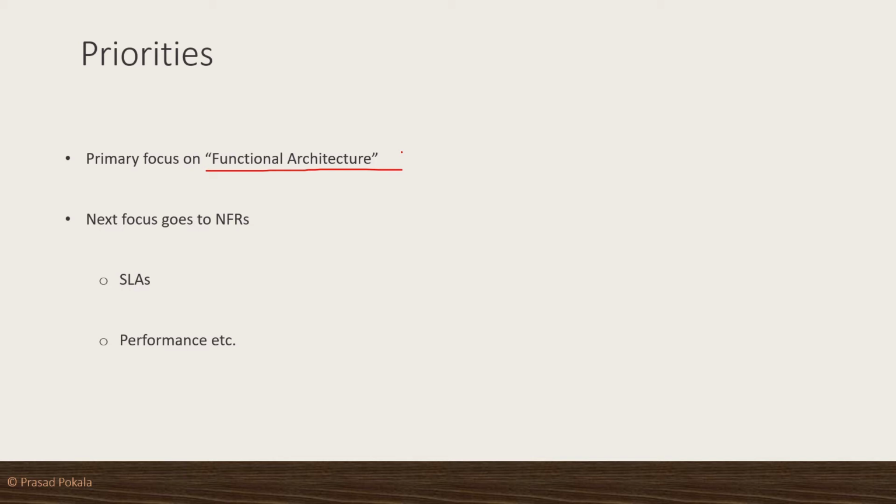What is the better way, how many APIs will be there, and whether the APIs are atomic in nature or not, modularized or not, all these things in a functional aspect. Once that is done, the next immediate focus of yours will be on the non-functional requirements. Okay, the NFRs. So to make sure that with these identified APIs, how do we meet the non-functional requirements like performance and the SLAs, etc.